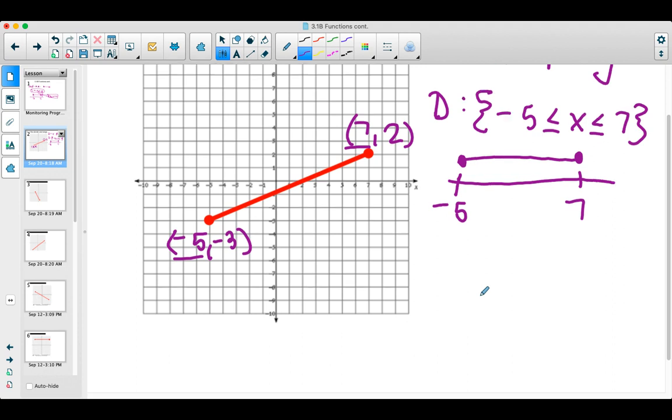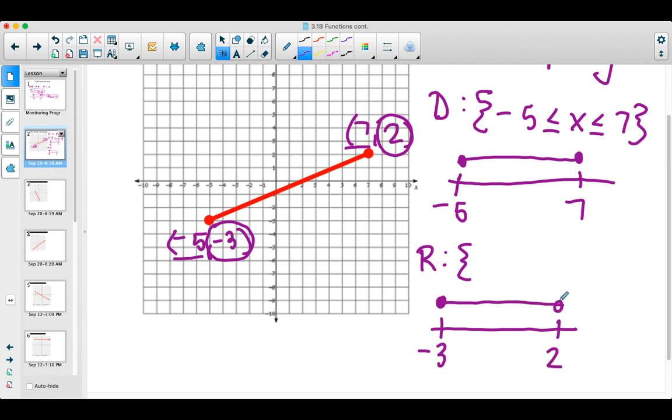So then we want to look at our y's. If we look at our y values, our y here is -3 and our y here is 2. So range is our y values. So our range, we know we have to put in braces, and if we want to put it onto a number line, my smaller y is -3 and my bigger y is 2, and I have a closed circle at both of them.